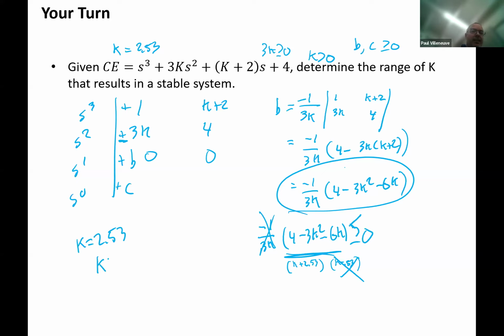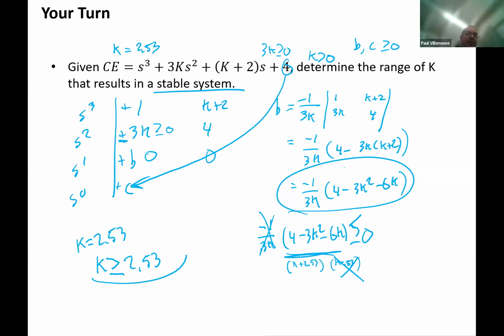So if k is greater than or equal then to 2.53, then I get a stable system. Because I don't end up with a row of zeros here, and I know that that 4 is going to end up over there. So k has to be greater than 0 over here, but over here, it also has to be greater than 2.53. Otherwise, that's going to be less than 0. So that's what I solve for by doing the roots. So my value of k is going to be greater than 2.53.